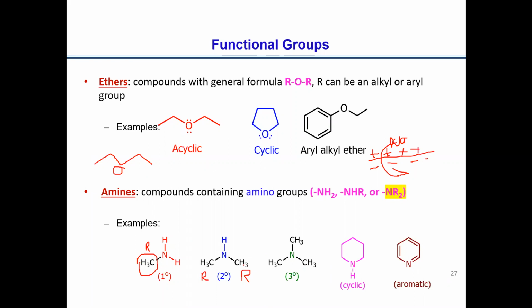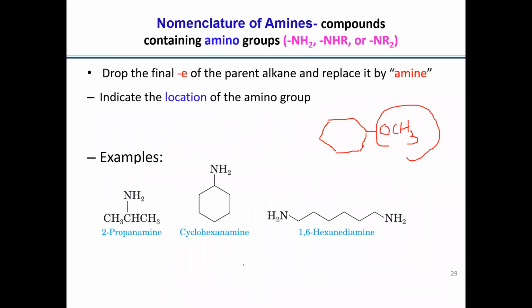And when we talk about IUPAC naming, we drop the E and replace it with amine. That's how we name the amines. As you can see here, this is 2-propanamine, and cyclohexanamine.